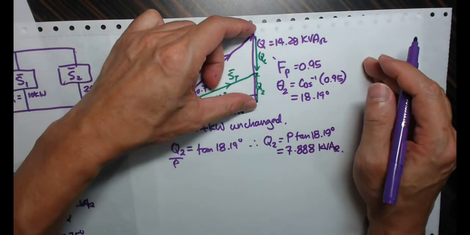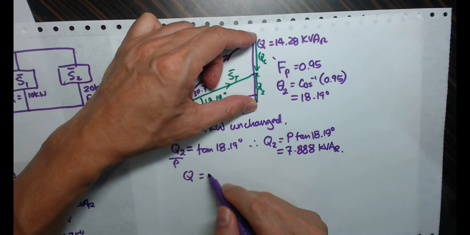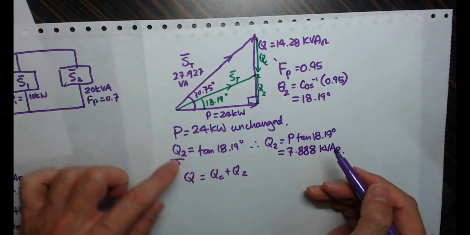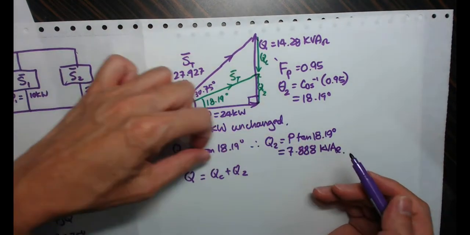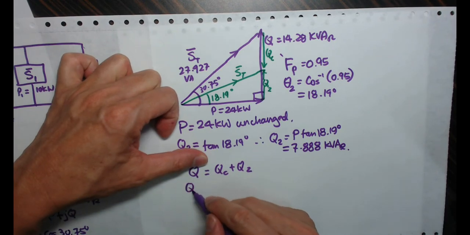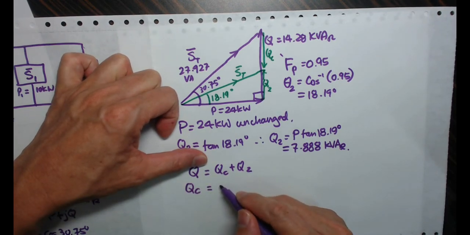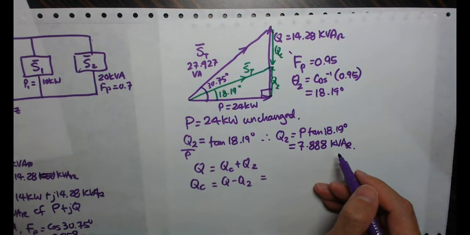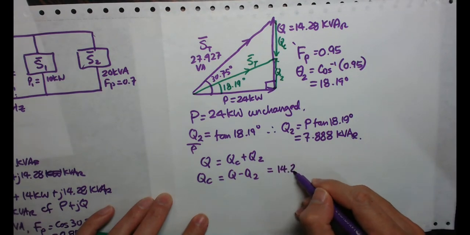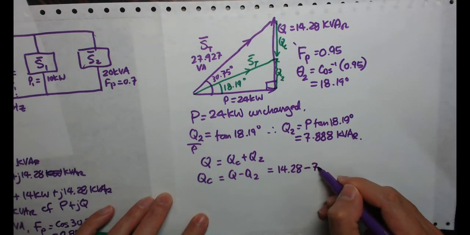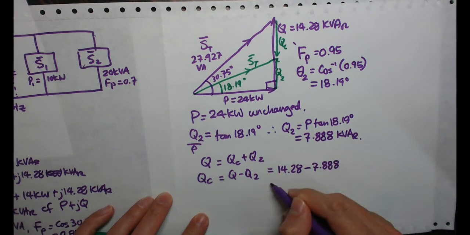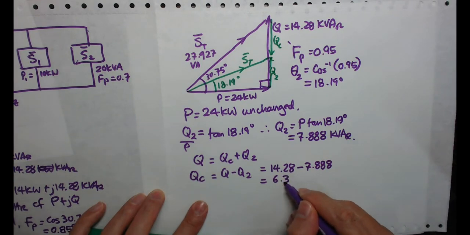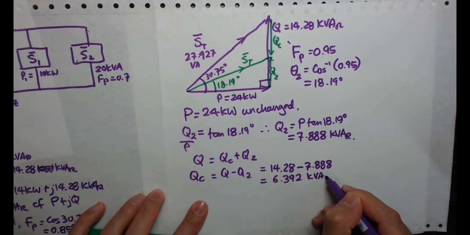Because if I look at this triangle, this is the original Q, which is the same as QC plus Q2. I know Q2 since I calculated here. My QC must be equals to Q minus Q2. So the original Q is 14.28 minus 7.888. That means my QC must be 6.392 kVAR.